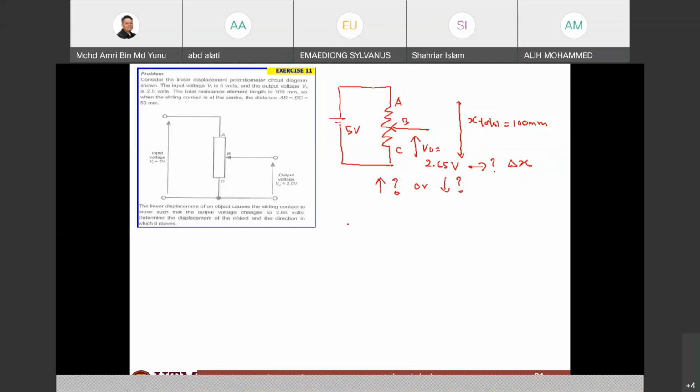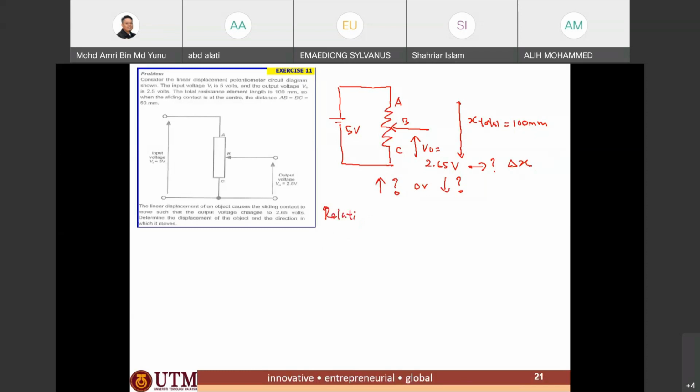Okay, we need to find the relation between volt and millimeter. So the relation between volts and mm is the maximum when it's at maximum.